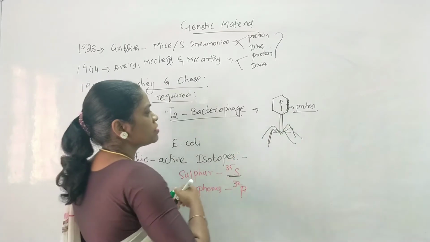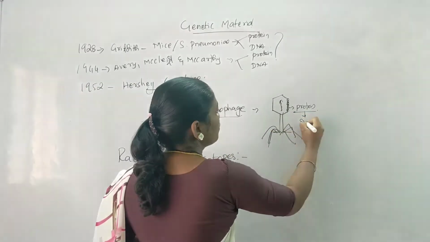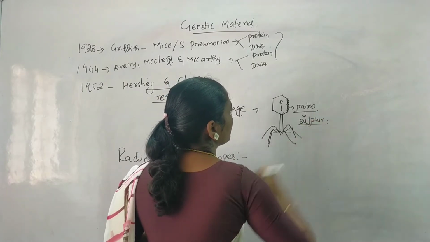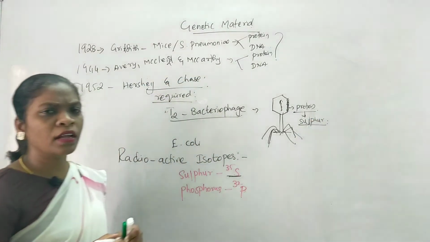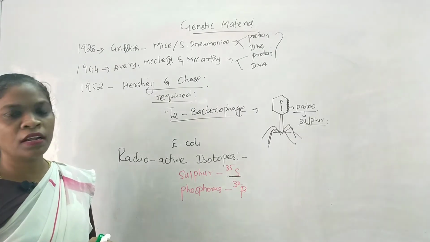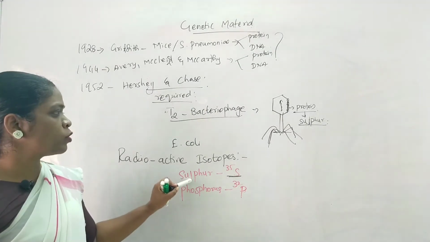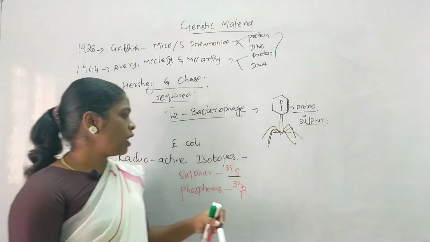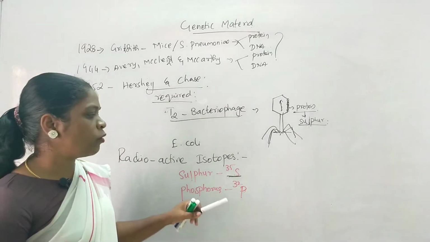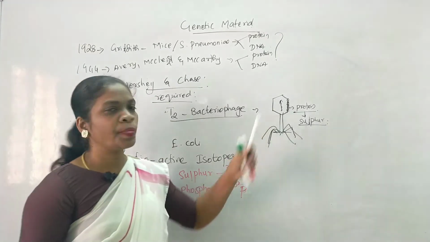Now proteins can absorb sulfur because their components, cysteine and methionine, contain sulfur, so this radioactive isotope will be absorbed by the protein. And the DNA contains phosphorus, so eventually this radioactive phosphorus will be absorbed by the DNA.